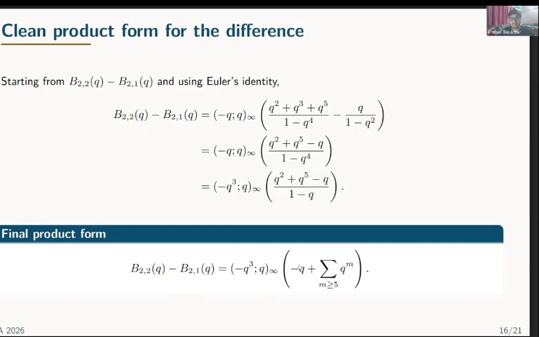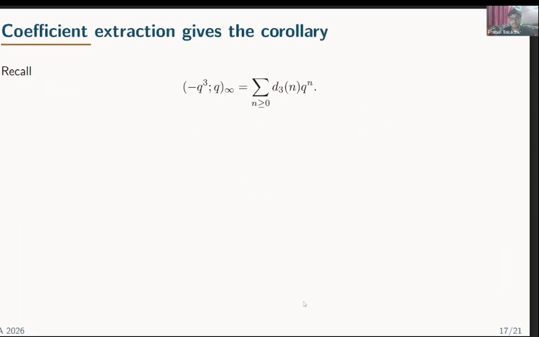multiplied by a simple factor: a negative term minus q followed by a positive tail beginning at q to the power 5. So the whole question reduces to understanding the coefficient of the product.